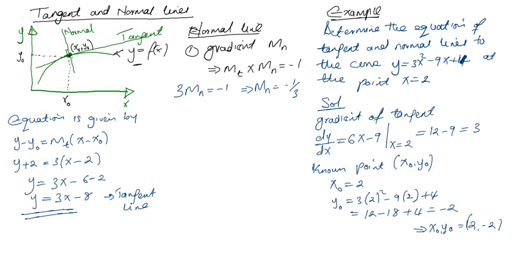The known point, we have it. X naught, y naught is the same point, 2, negative 2.